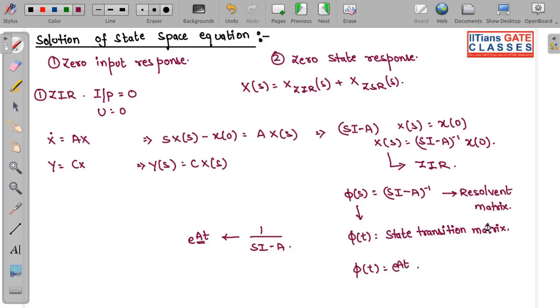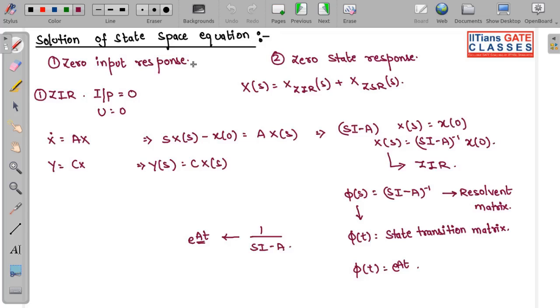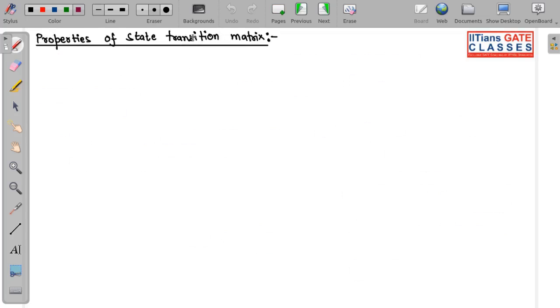Now there are a few properties of the state transition matrix that we need to study, and after that we are going to see the zero state response. So the first property is: if phi of t is equal to e to the power At, then phi of 0 is equal to e to the power 0, so that is 1.